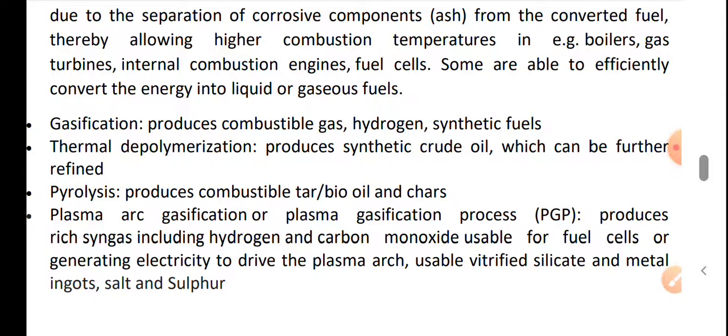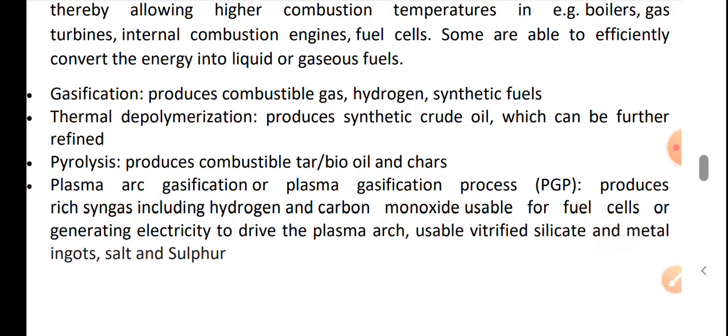Also, thermal depolymerization may be used, which produces synthetic crude oil, which can further be refined, and efficiency can be increased by using this. Pyrolysis is also an option, in which tar or bio oils are produced, and these can be used in energy systems to produce electrical energy as well as mechanical energy in some places.